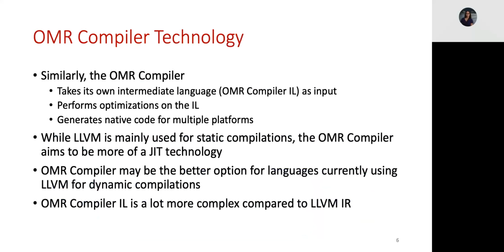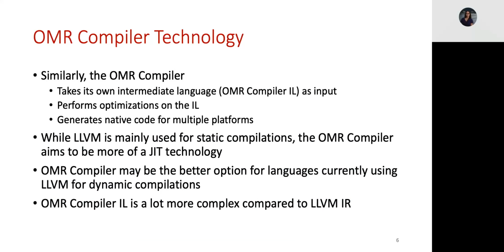Similarly, the OMR compiler also uses its own intermediate language, which we call OMR compiler IL, and we might also use OMR IL or just IL interchangeably to refer to our intermediate language. And it takes the compiler IL as input, and then it performs optimizations on the IL, and then generates native code for multiple platforms.